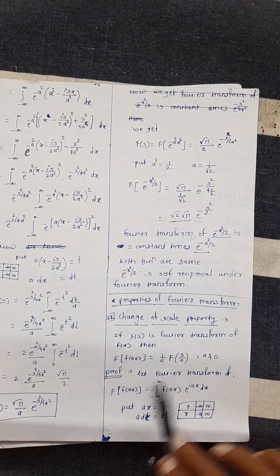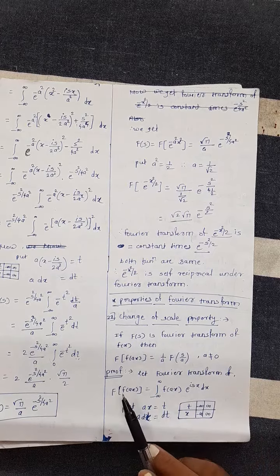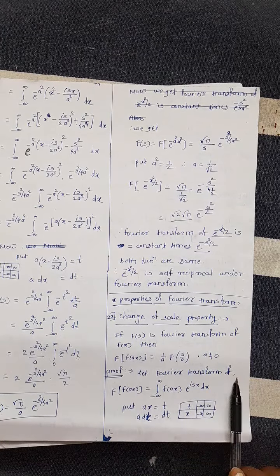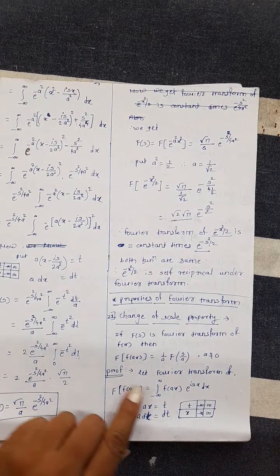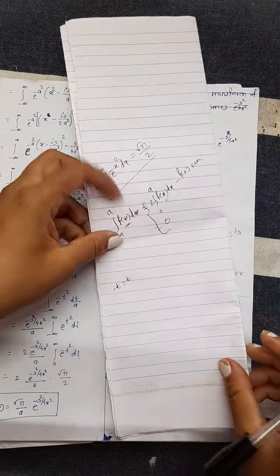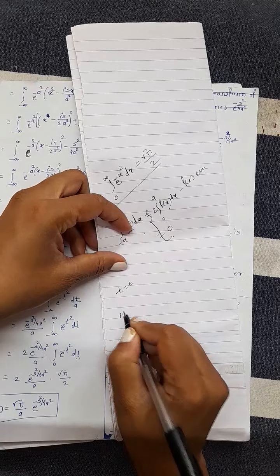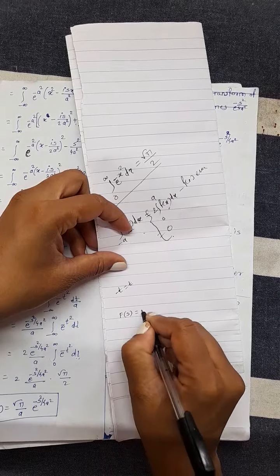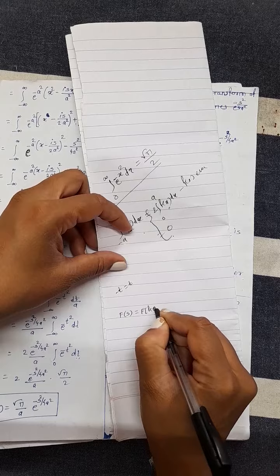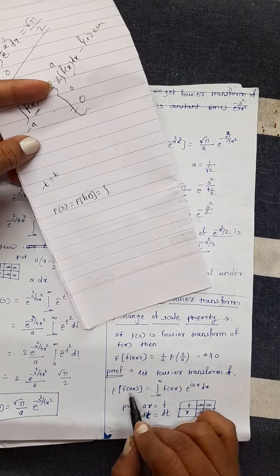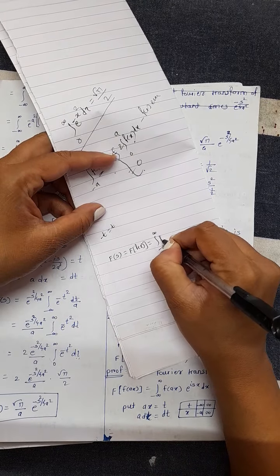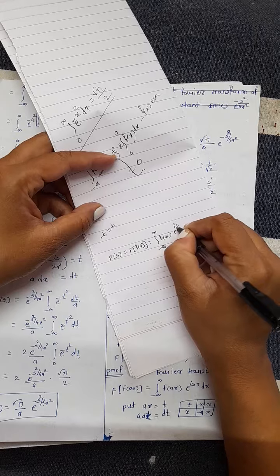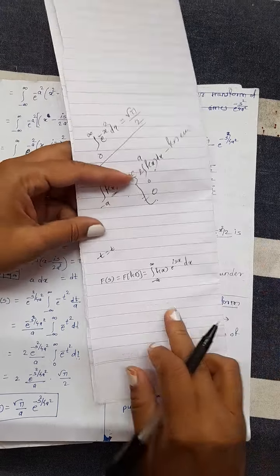Now let us prove this property. Let Fourier transform of f of x, F of s, be equal to, here you have to write the first step, that is Fourier transform of f of x is given by the integration from minus infinity to infinity f of x e raised to i s x dx.